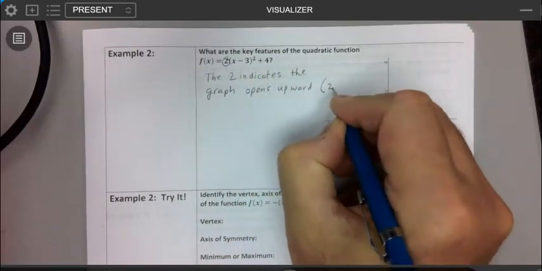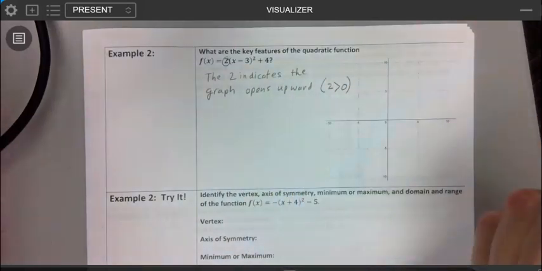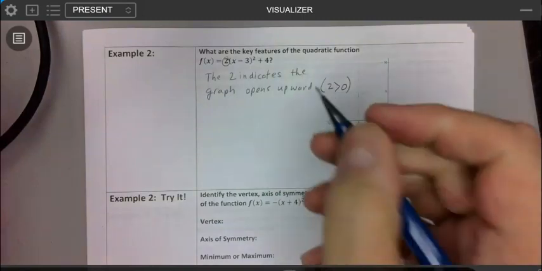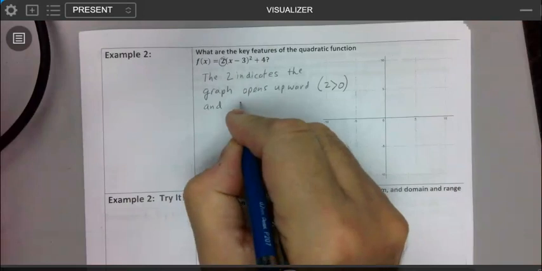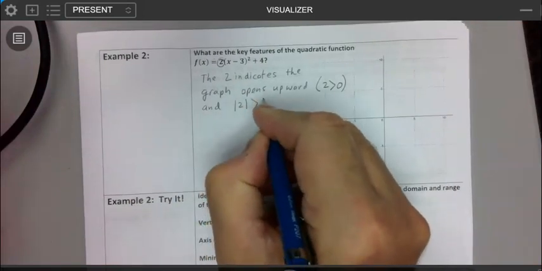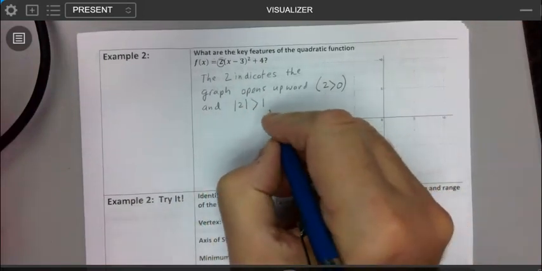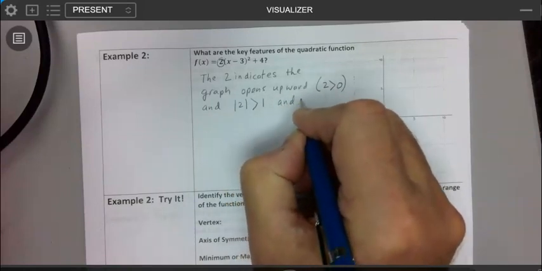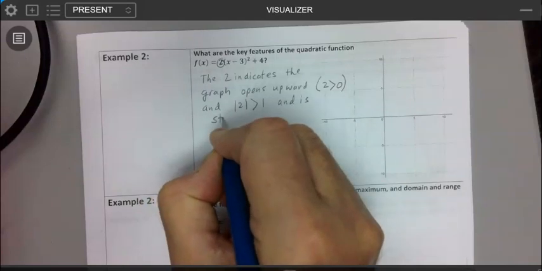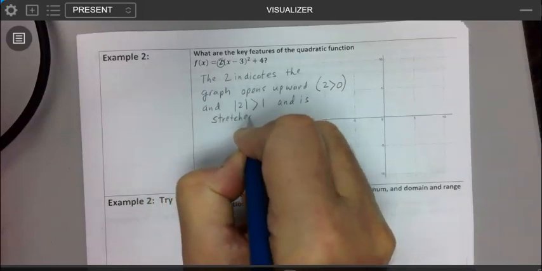Why? Because 2 is greater than 0, which means it's positive. Opens upward. And since the absolute value of 2 is greater than 1, then it's stretched vertically.